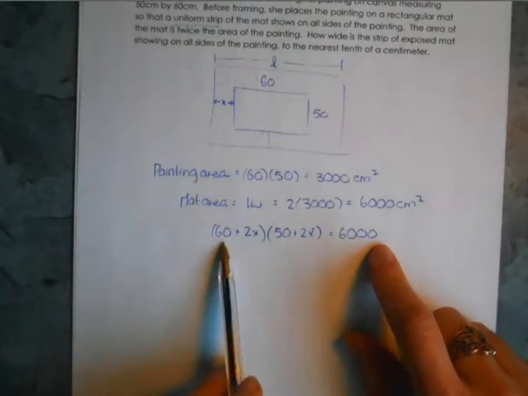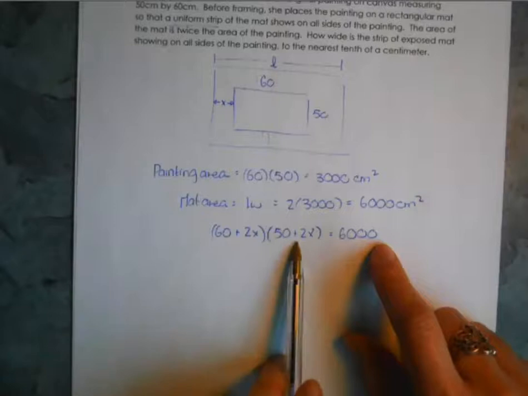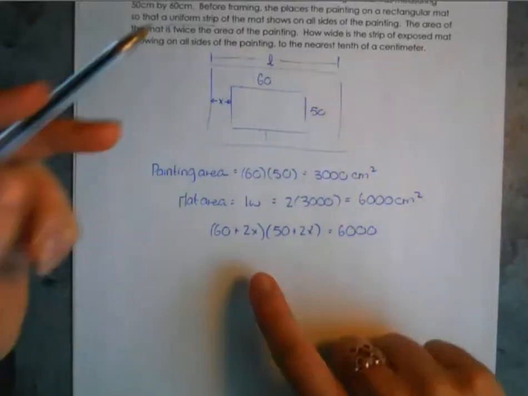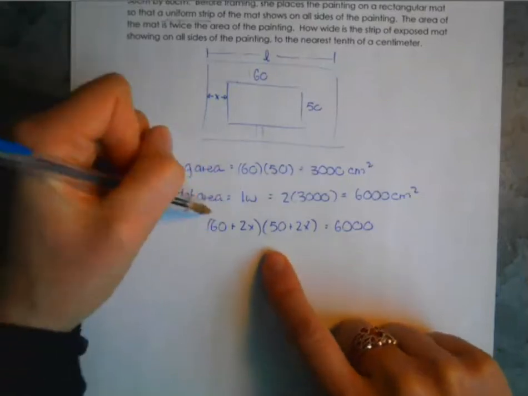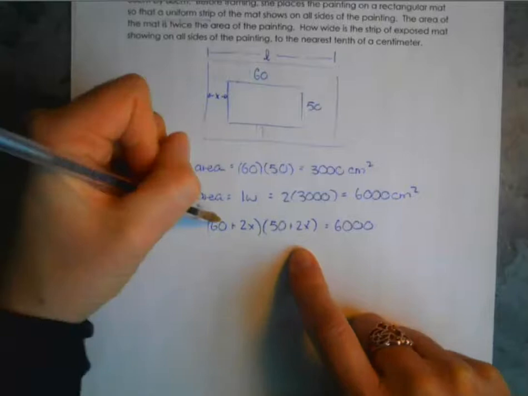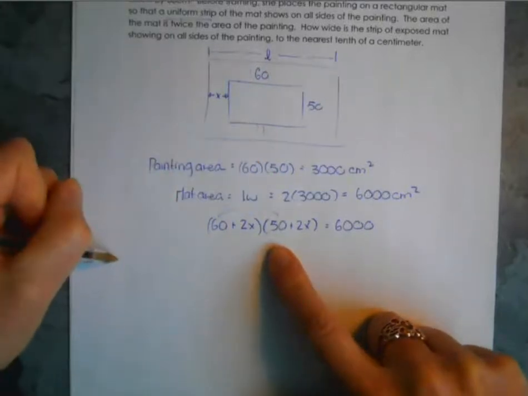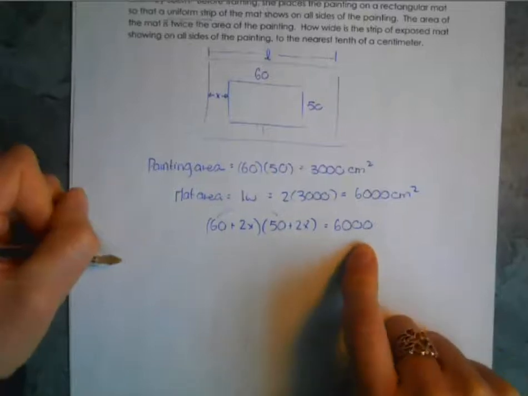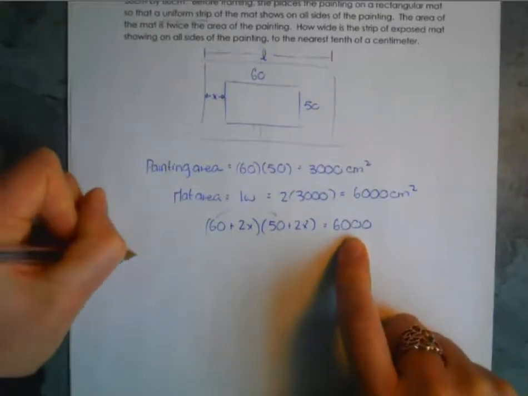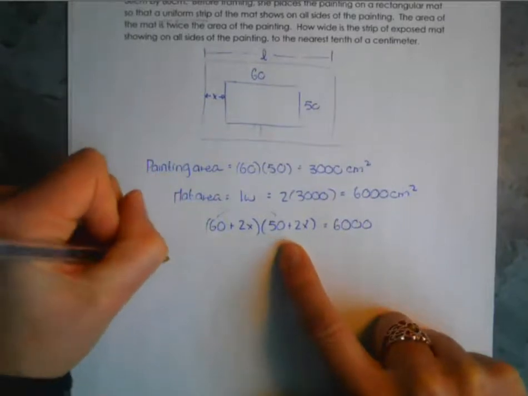The next thing we want to do is, because we have two sets of brackets set up like this, expand it and simplify it. We want to make sure that we've combined all of our like terms as much as we can. In order to expand it, whenever you have these two brackets, you need to multiply out using FOIL. So first, I'm just going to put down 6,000 equals 60 times 50, which is 3,000.